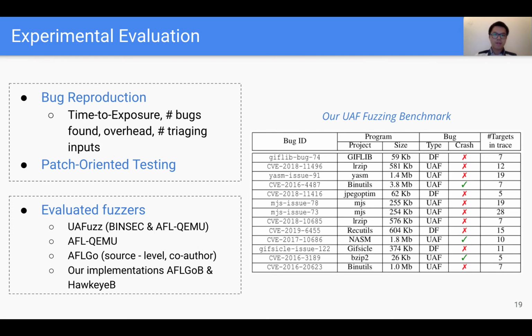As AFLGo is a source-based fuzzer and Hawkeye is not available, we implement the core techniques in our framework, and we use metrics like time to exposure, number of bug reproductions, overhead, and also the number of triaging inputs as comparison metrics.